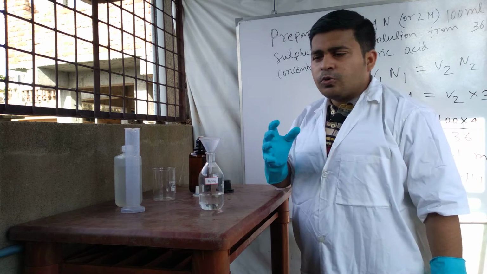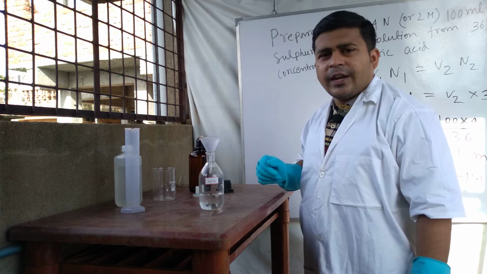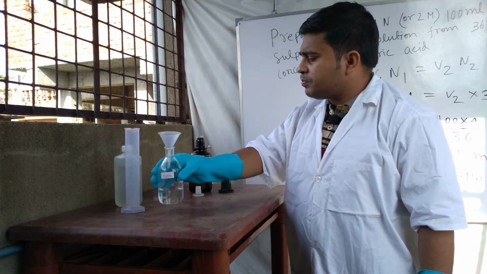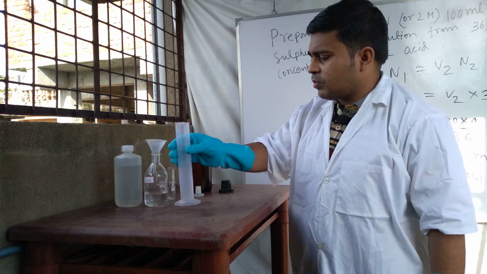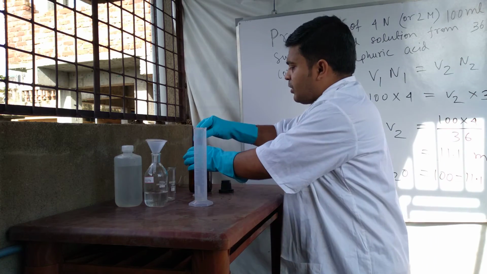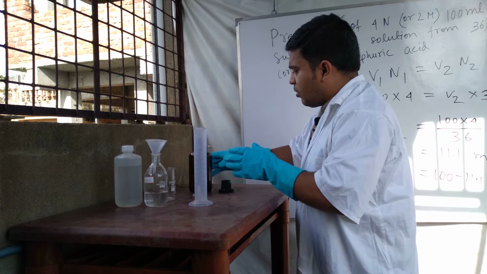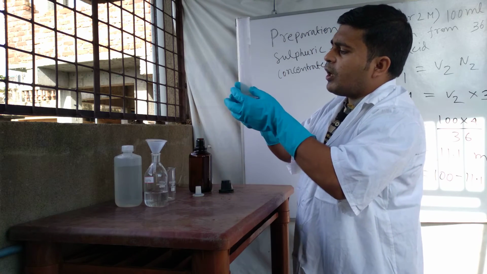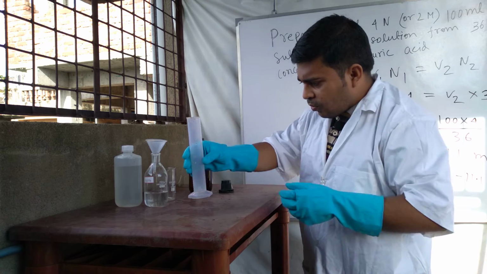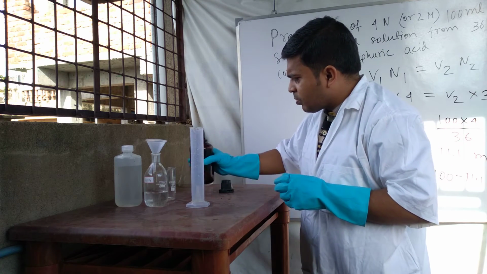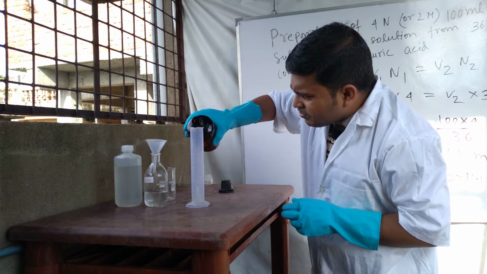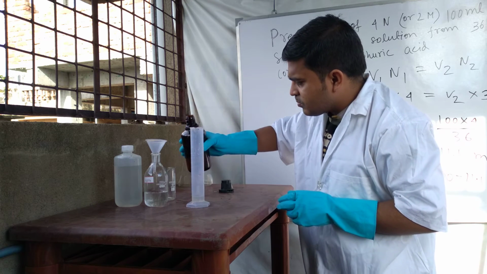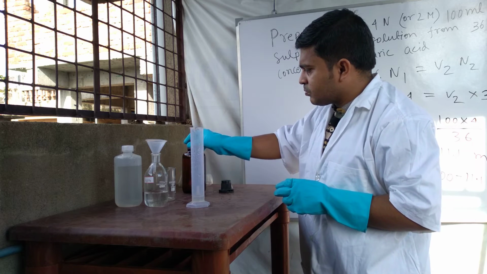So right now we take concentrated sulphuric acid, 11.1 ml. It is concentrated sulphuric acid 36 normal, we take it up to here, 11.11 ml.